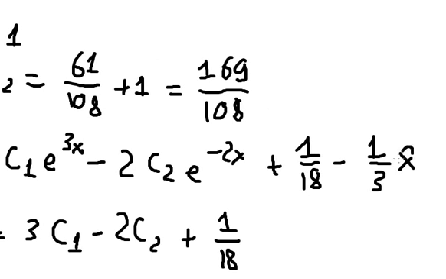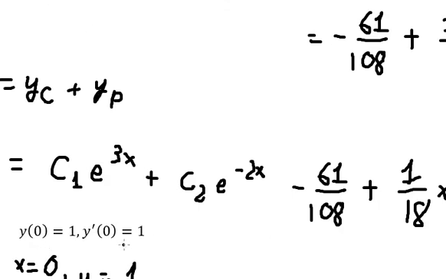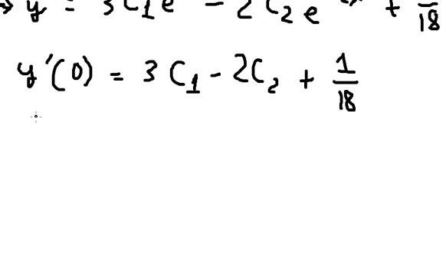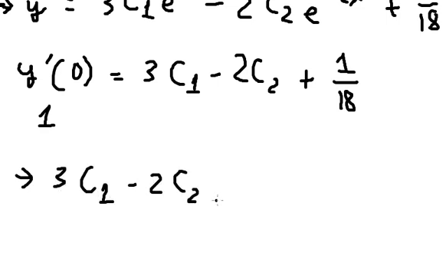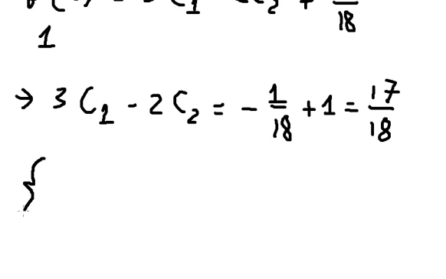The next one, we put 0 going here, you get 0, and this one equals 1. And now we have the second equation. So we have 17 over 18. So we have two equations.